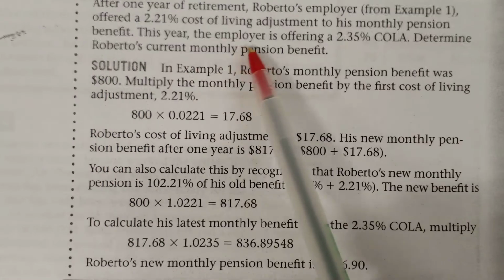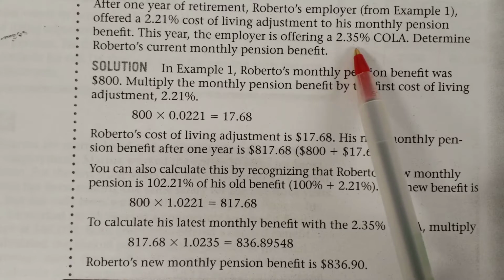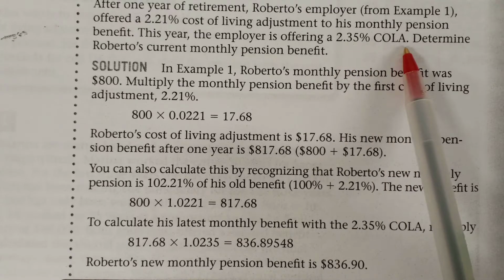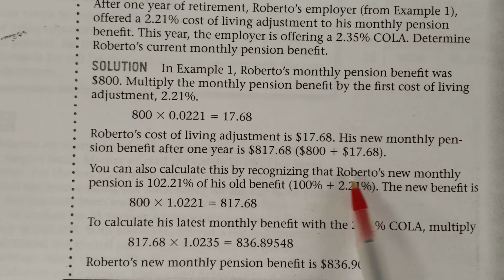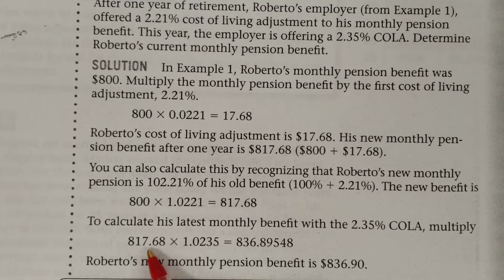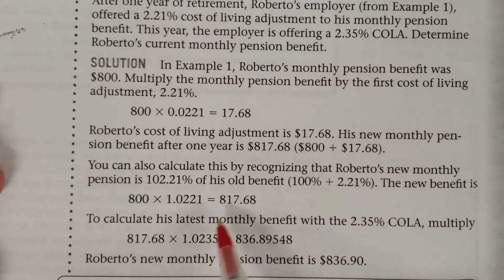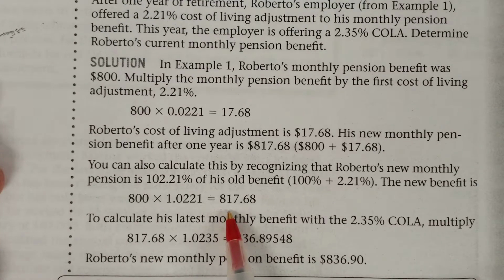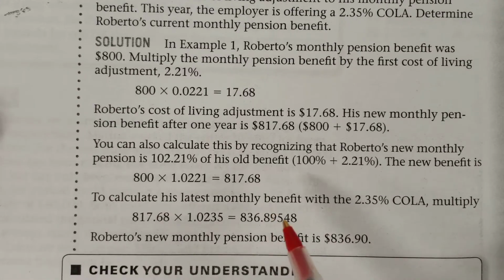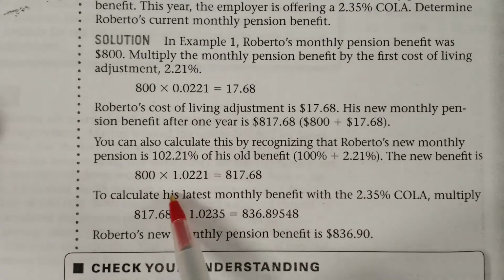It said in the problem this year the employer is offering a 2.35% cost of living adjustment. So his new payment after the 2.21% cost of living adjustment, now he's going to get 2.35%. So you would multiply this amount times 0.0235 and get that dollar amount and then add it back to the 817. There is another way, and this is what we're showing you here.